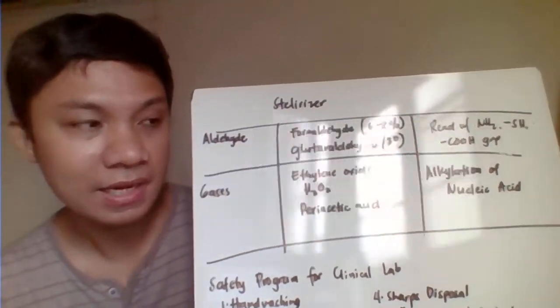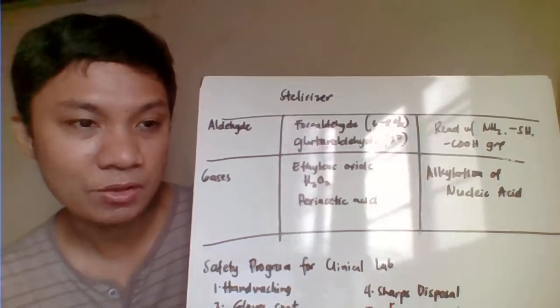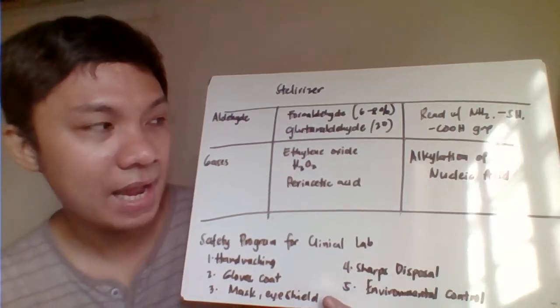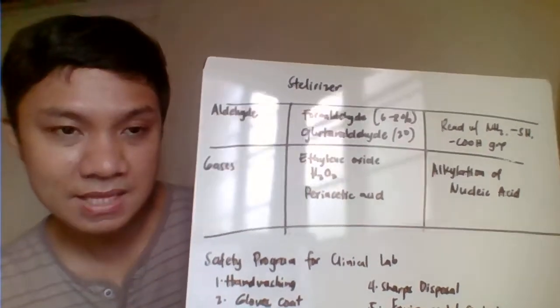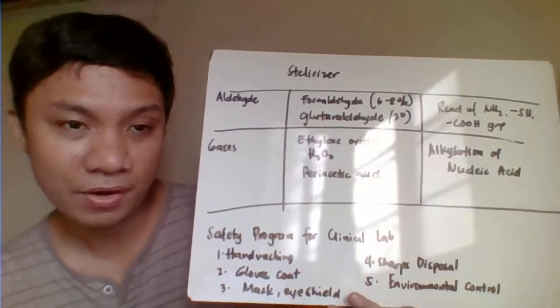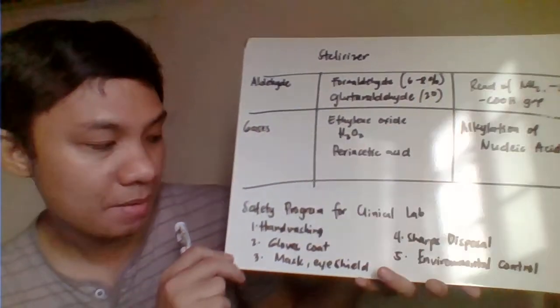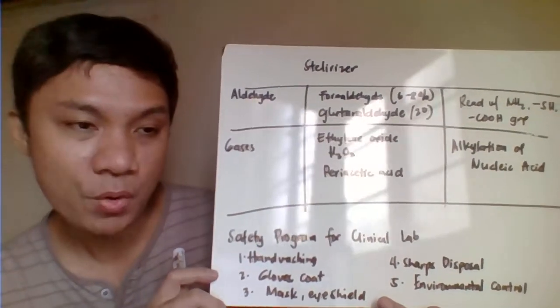Gases, we have your ethylene oxide, hydrogen peroxide, peracetic acid. Responsible here for alkylation of the nucleic acid and therefore disrupting or killing the entire bacterial cell or other microorganisms.